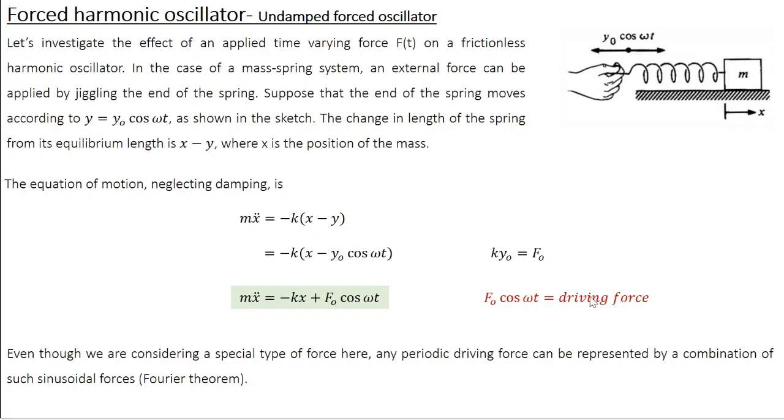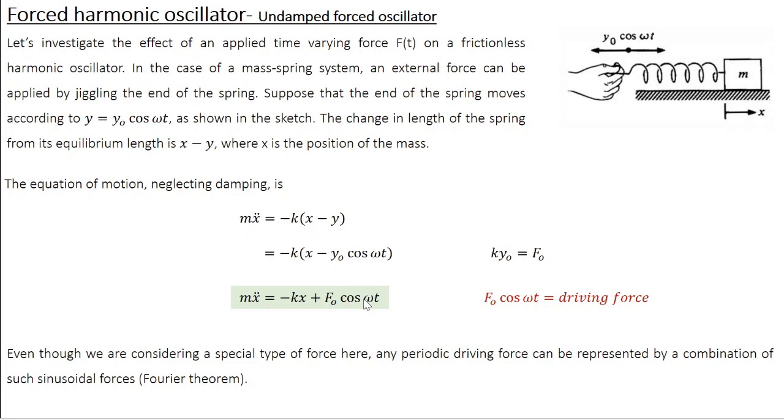Even though we have derived this equation for the specific case of a mass spring system with the external force in the form of jiggling at one end, the form of the equation is quite general, because any periodic driving force can be represented by a combination of such sinusoidal force terms.